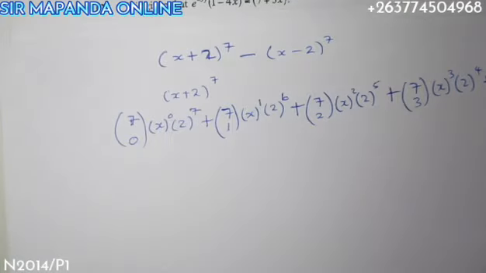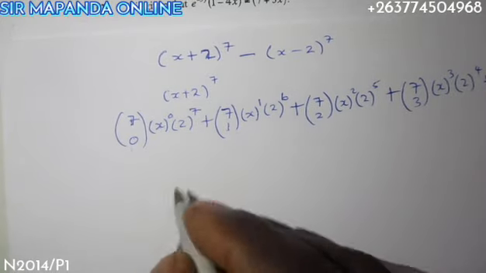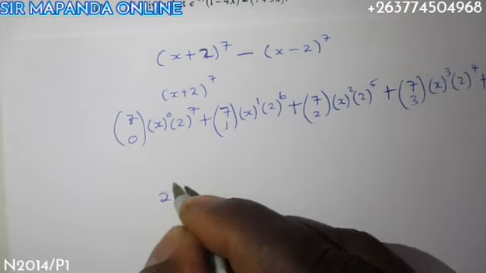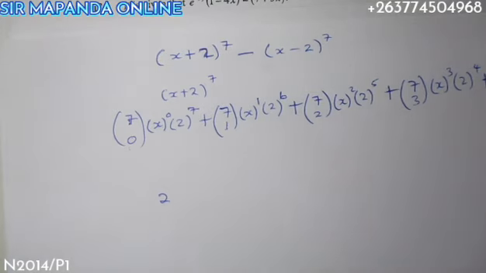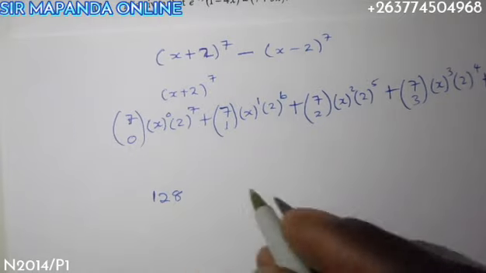You get 1. X to the power of 0 is 1. So you'll be left with 2 to the power of 7. And what is 2 to the power of 7? You get 128.